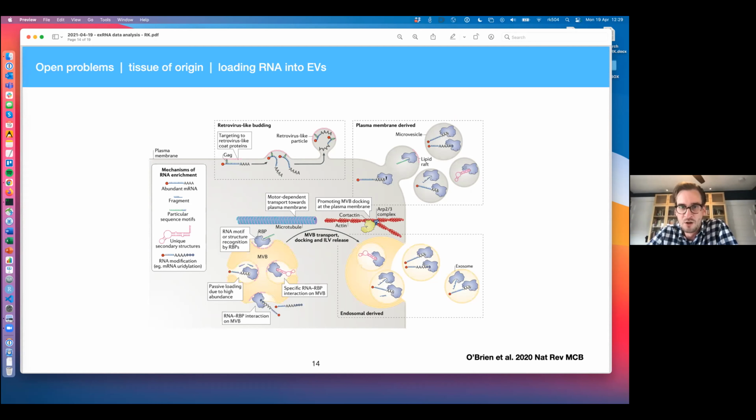If you have markers that are enriched or specific to the cells that you want to study, that may make your life easier when you're hoping to clean up some of the signal, especially in plasma, of the total plasma exosome.